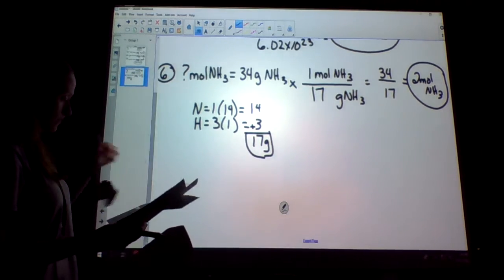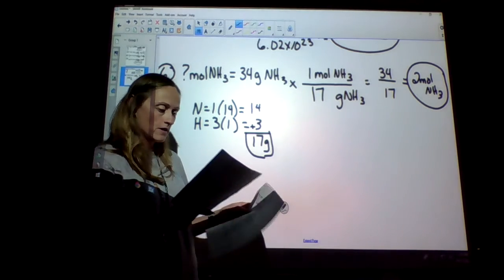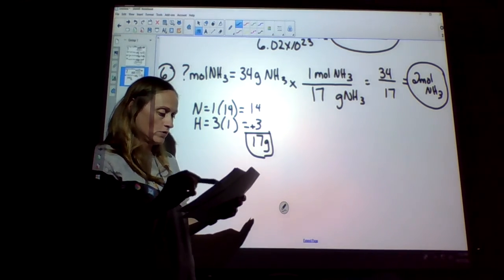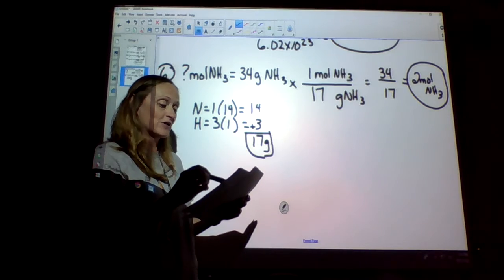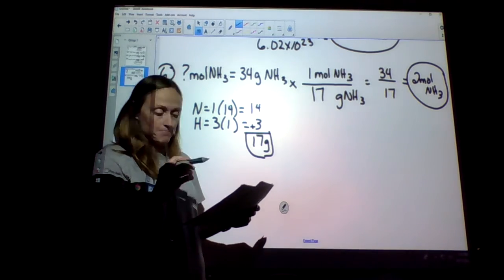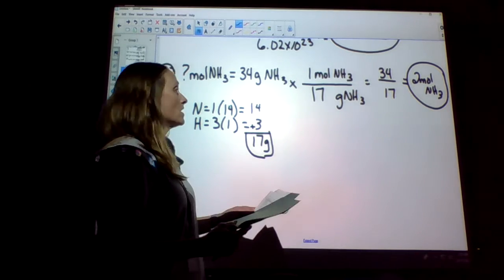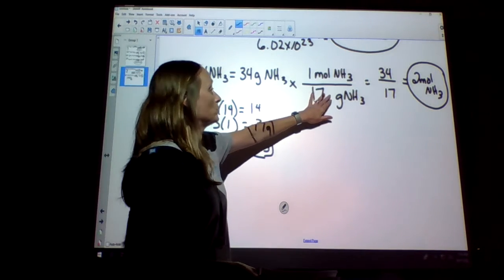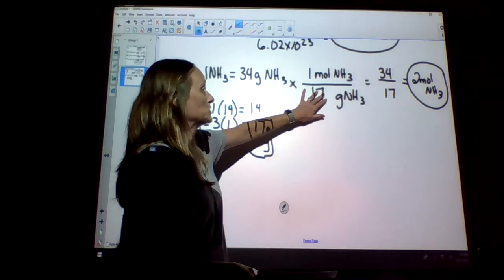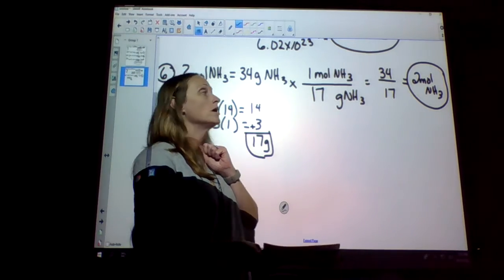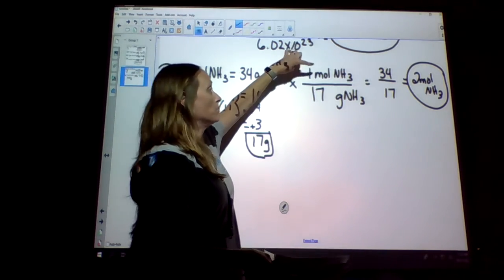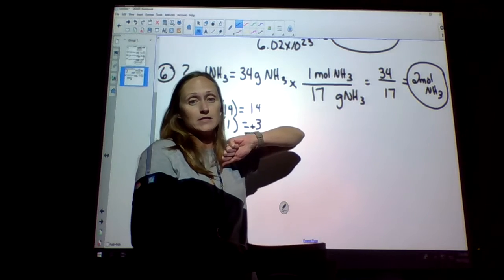Number 6 will be a sample for number 7 through 10. Okay, they'll be set up and solved, but you'll be using different compounds. So you'll have to use your periodic table to calculate the different masses to put in here for the number of compound, but you'll still be using the 1 mole over that molar mass that you calculate.